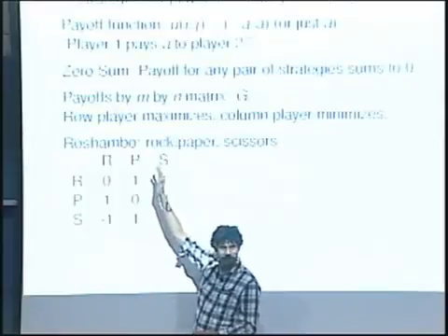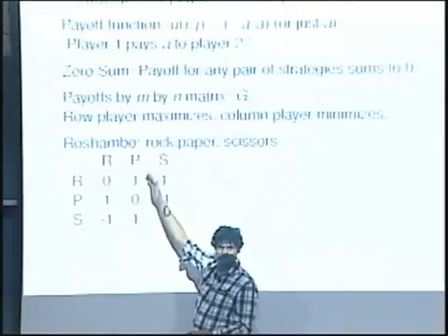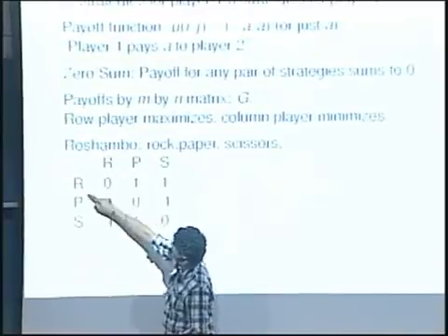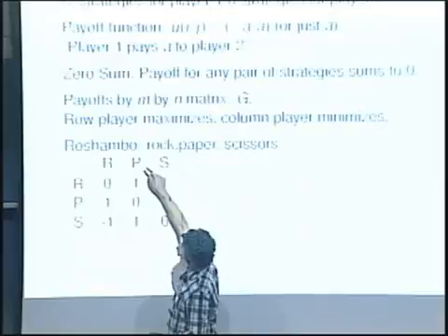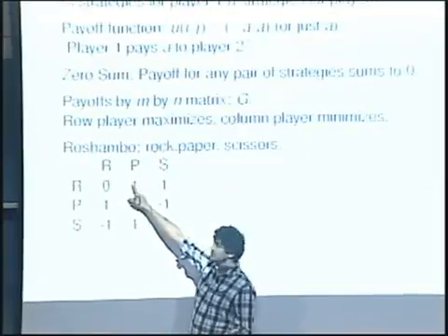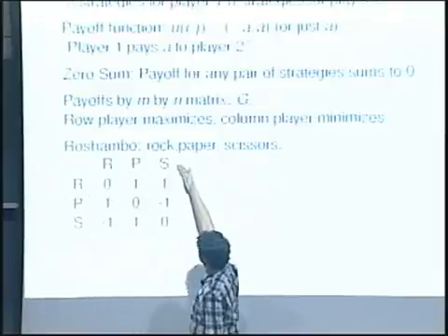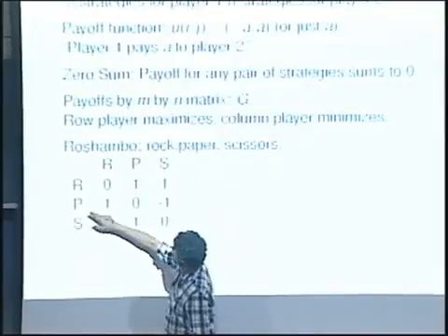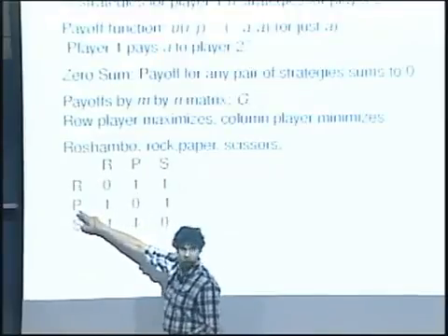Do people know? This is Rochambeau. Rock ties with rock. Rock loses to paper, so there should be a -1 here. And rock beats scissors. Paper beats rock, so the row wins here.